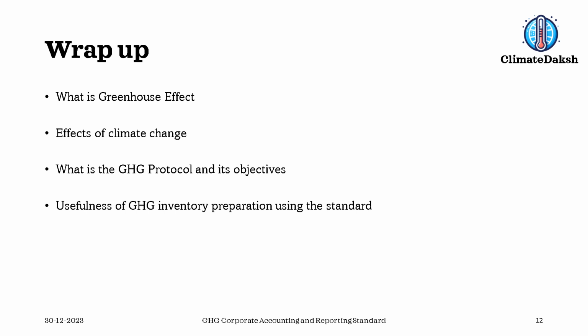We have seen how GHG inventory preparation using the standard can help. We have discussed who can use this standard and finally talked about GHG calculation tools, and we will talk a bit further about them in a later session.